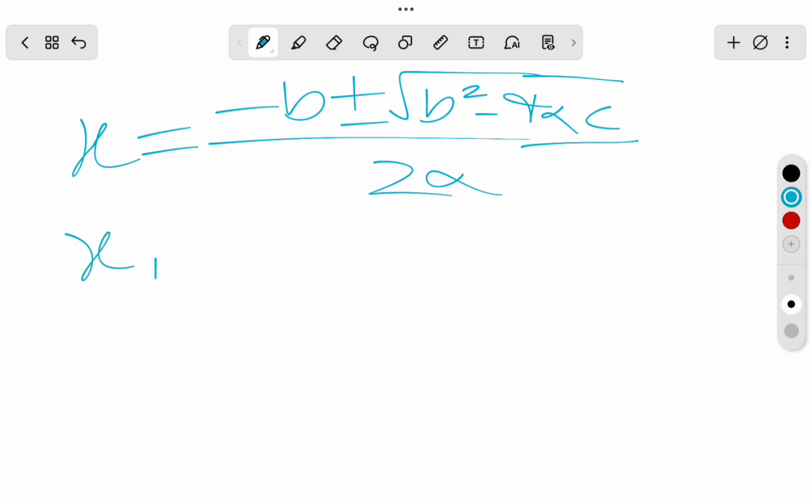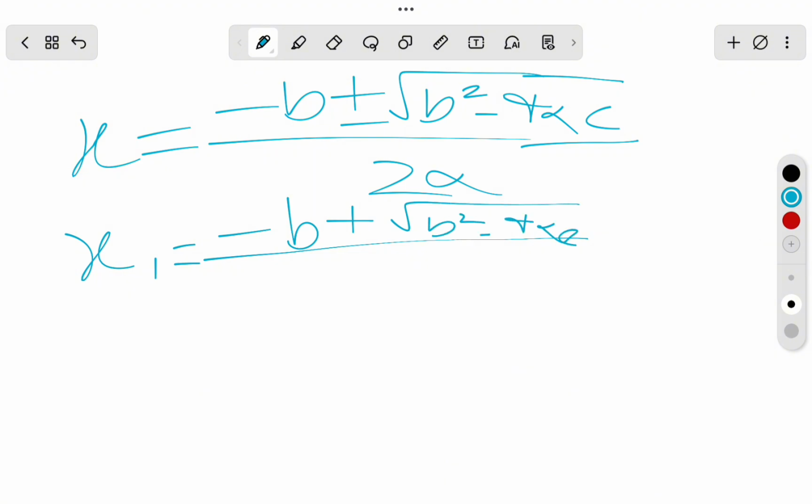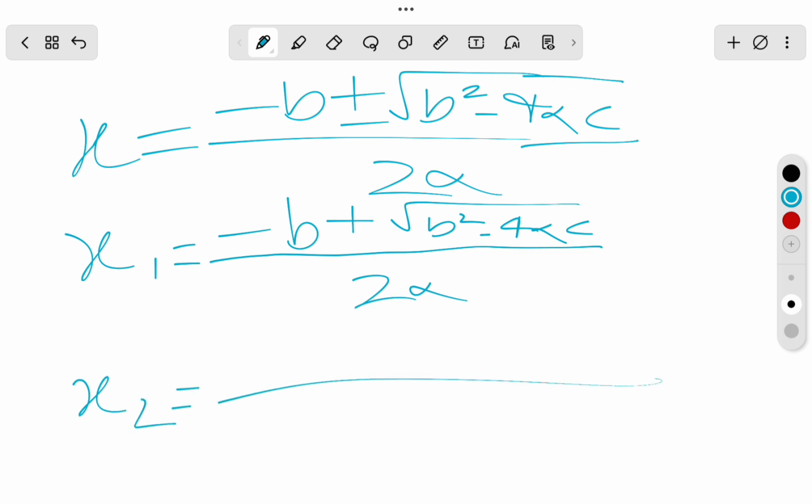So x1 is equal to minus b plus root over b square minus 4ac divided by 2a, and x2 is equal to minus b minus root over b square minus 4ac divided by 2a. Using this formula we can solve any kind of quadratic equation.